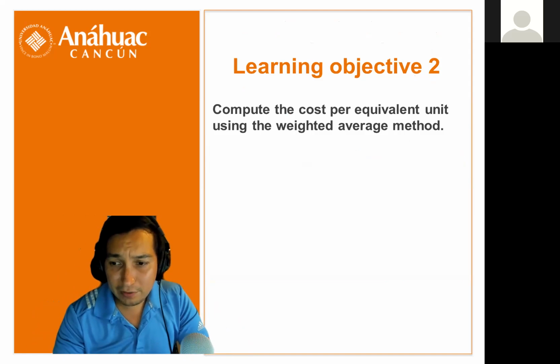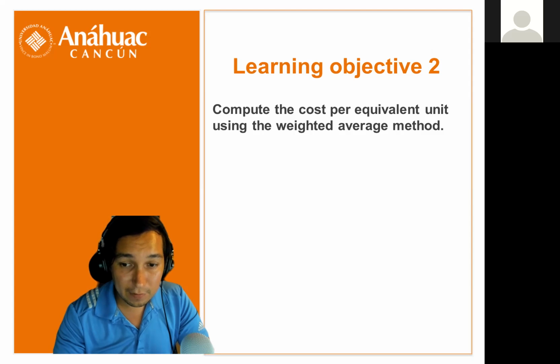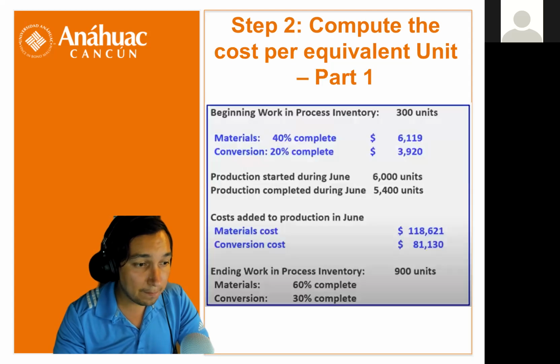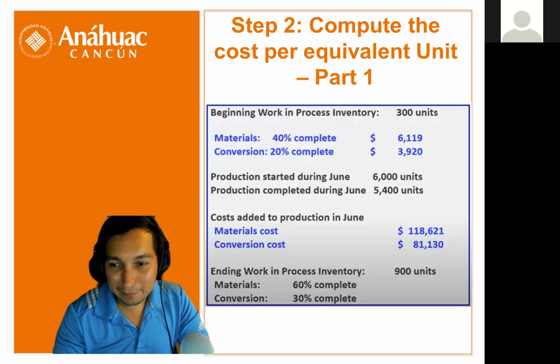So next we need to compute the cost per equivalent unit. So that's going to be step number 2, compute the cost per equivalent unit. And we're going to keep building our 4 steps here. So in here we see lots of data. Our beginning WIP, remember, was 300 units.